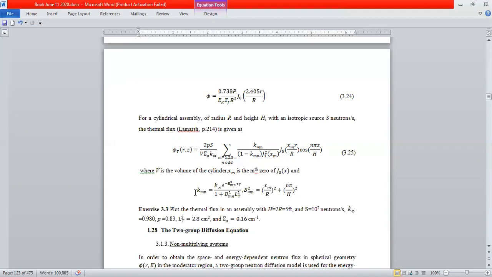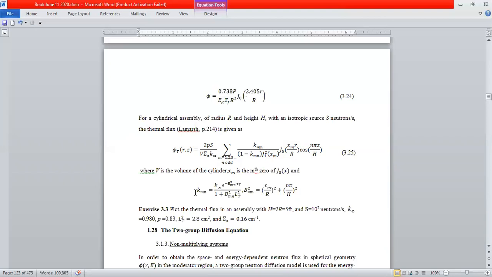And for the next lecture, we're going to go to the more realistic two-group diffusion equation. But I think I'll stop over here and I'll leave you with exercise 3.3. Let's read 3.3. It says plot the thermal flux in an assembly with h equal to 2r, where 2r is 5 feet.